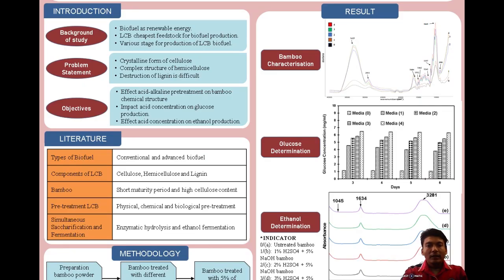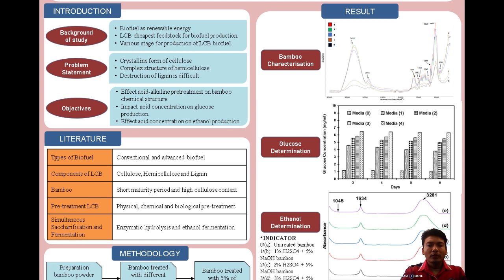For the introduction, I will explain the background of study, problem statement and objective. For the background of study, biofuel is categorized as renewable energy because the feedstock material for biodiesel can be easily replenished. LCB is one of the most abundant biorenewable materials and the cheapest feedstock for the production of biofuels since it can be easily obtained from agricultural residue, forest products and municipal solid waste.